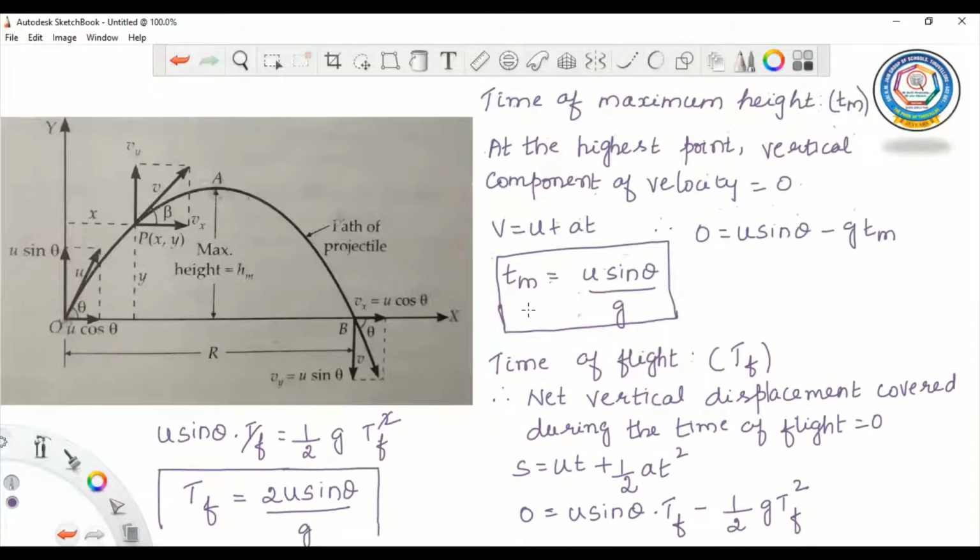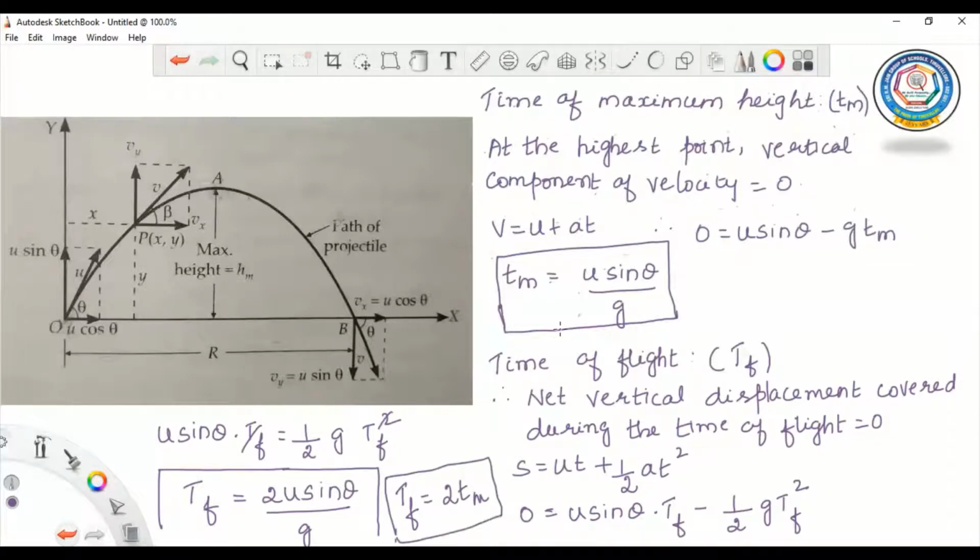Now let us compare these two formulas, children. What is the time taken by the projectile to reach the maximum height? u sin theta by g. But what is time of flight? 2u sin theta divided by g. So can we write time of flight is equal to 2tm? Yes. So this is very important.